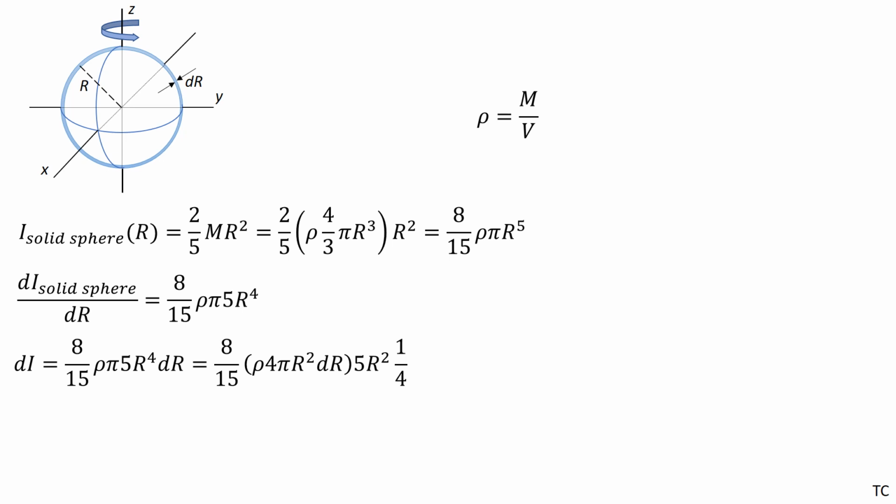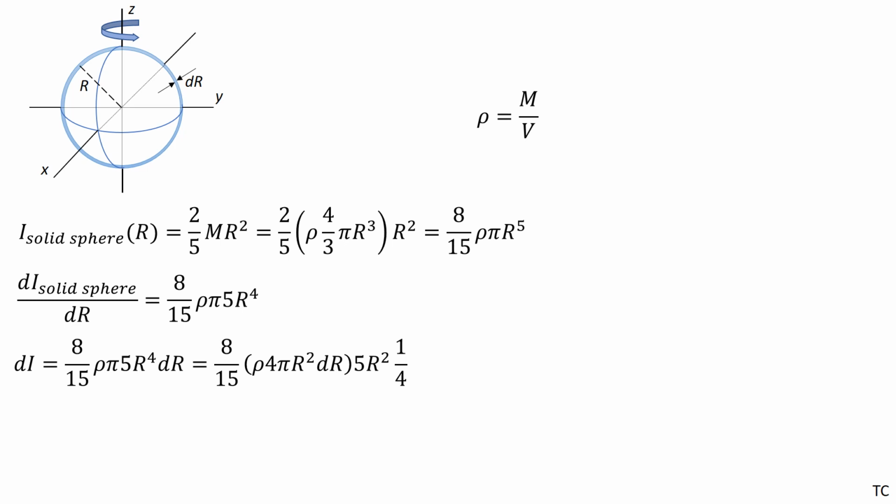So I've multiplied by 4/4, as I said. I have split up the r to the 4th into two r squareds, and I've grouped all these terms together of rho 4 pi r squared dr.